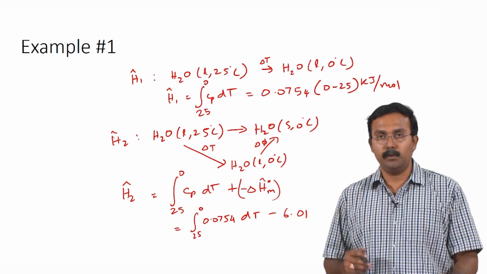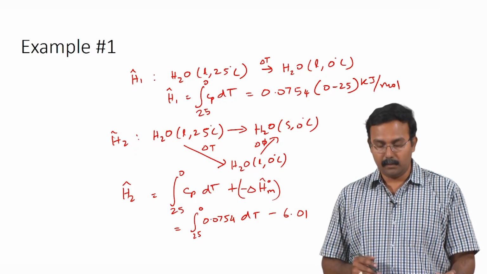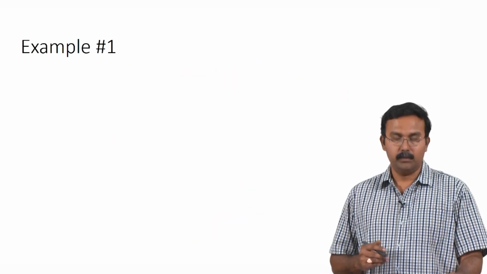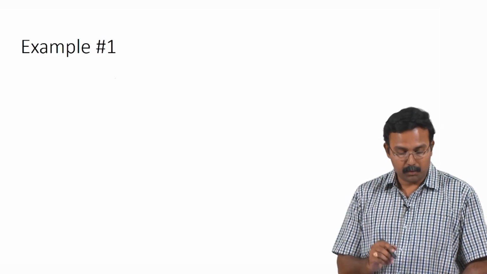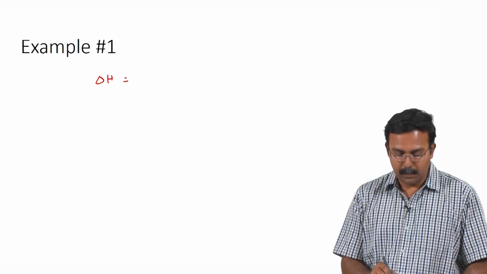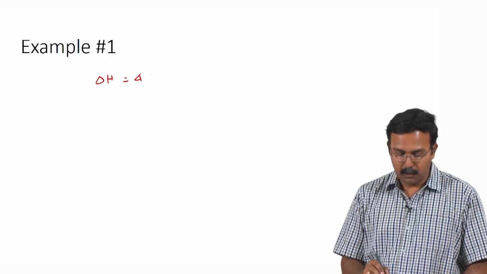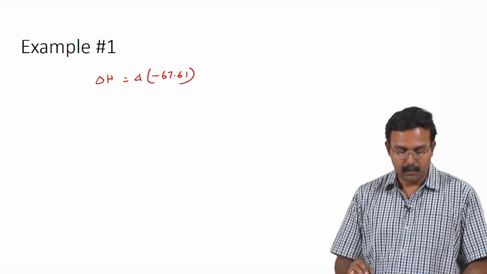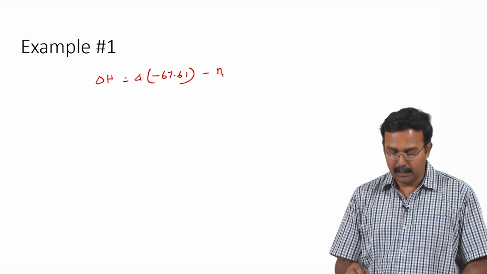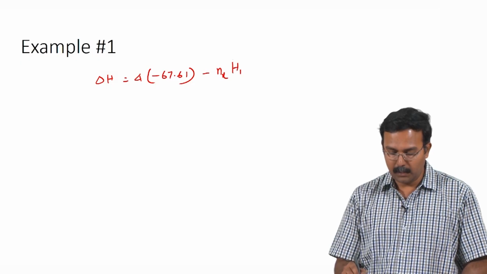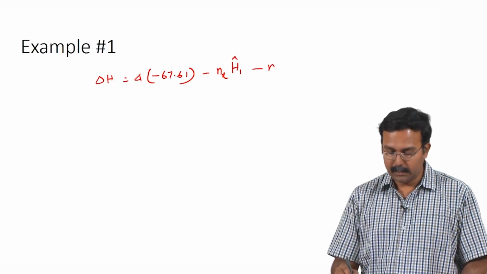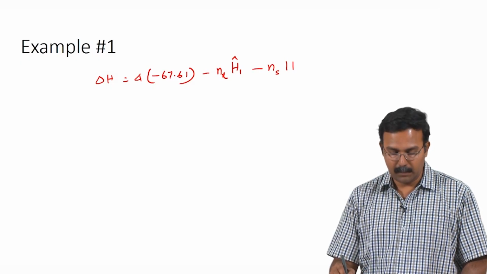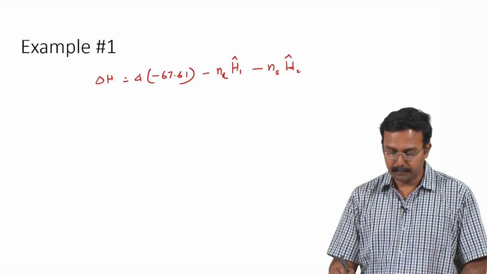Now that we have H2 cap and H1 cap, we can revisit the table. So, from the specific enthalpy table, delta H would be equal to 4 times minus 67.61 minus NL times H1 cap minus NS times H2 cap.